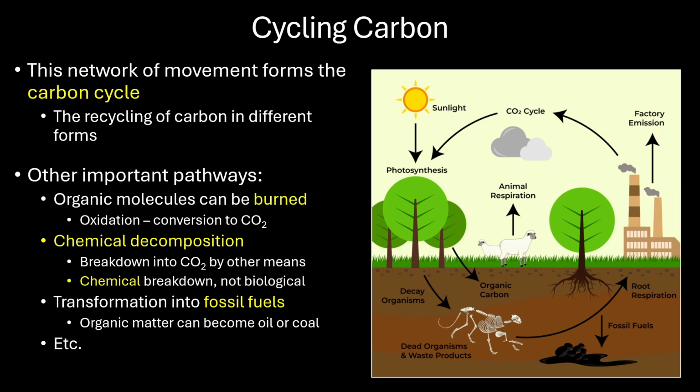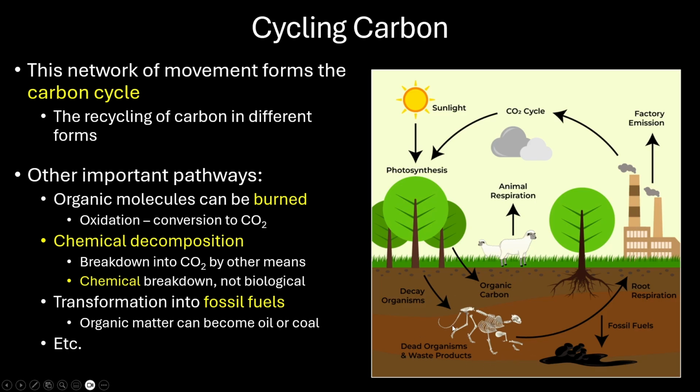Or in some cases, the carbon can actually become buried and trapped and become changed over time. It can undergo what we call a chemical decomposition, where it's not broken down by living things, but instead by a chemical reaction in the environment.